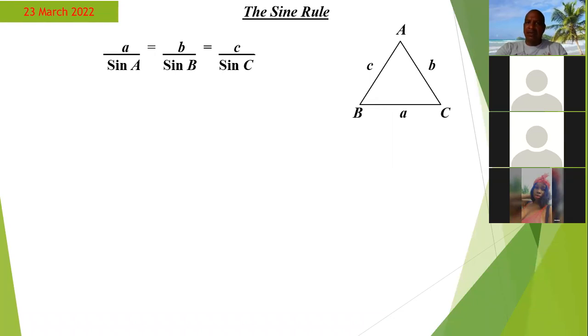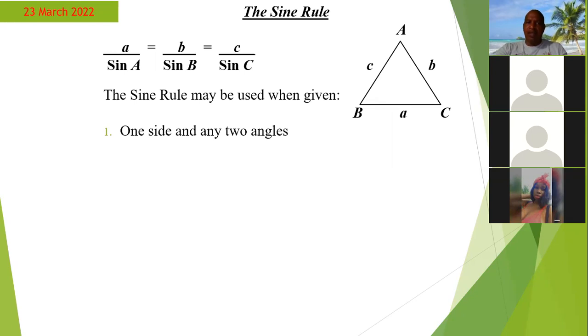Now the question will be, when do we apply the sine rule? The sine rule may be used, one, when you're given one side and any two angles. So let's say you have the angle theta, you have the angle alpha, and you're given one side.